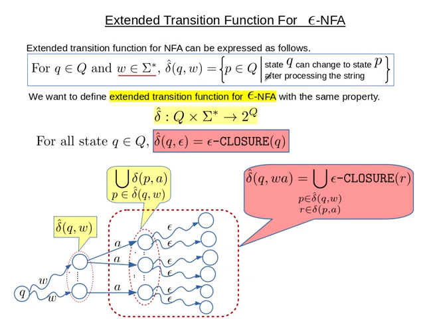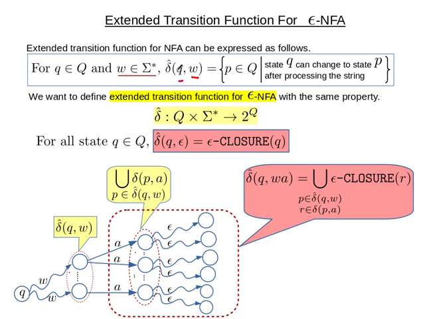So that means we are just generalizing this into epsilon NFA. So what was this? It was the set of states that you can reach by processing this input string W, starting from this state Q, right?